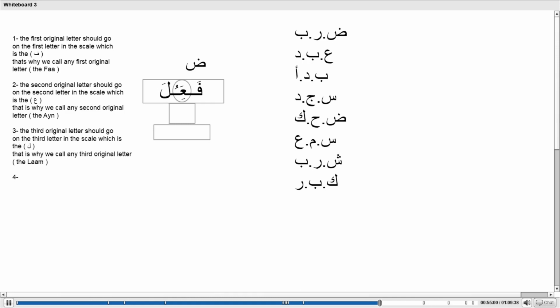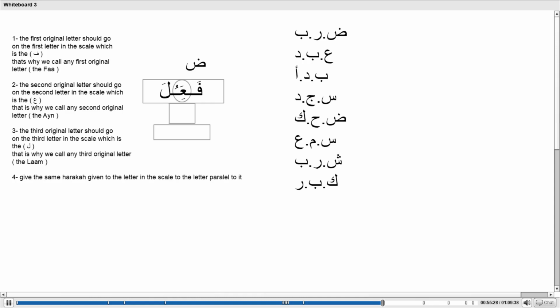Fourth, give the same harakah given to the letter in the scale to the letter parallel to it.